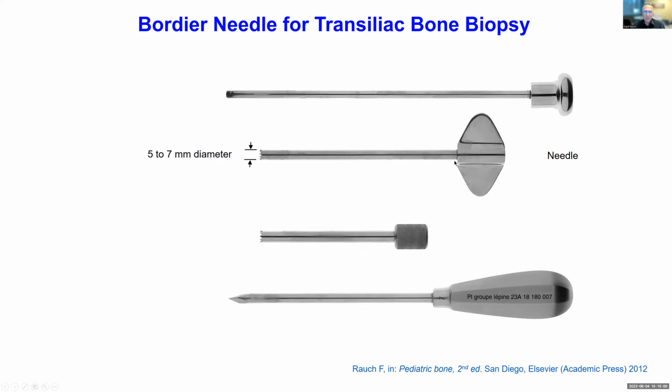So here is the equipment, a bit more clearly shown. The most important thing is the needle, because that's where the biopsy will be inside, and typically the needles that are used are 5 to 7 millimeters in diameter. If you do the biopsy with a needle that's smaller, then you don't have enough tissue to make good measurements.